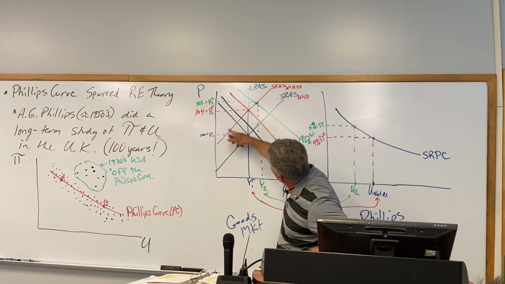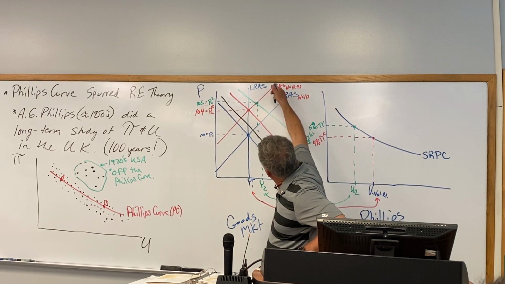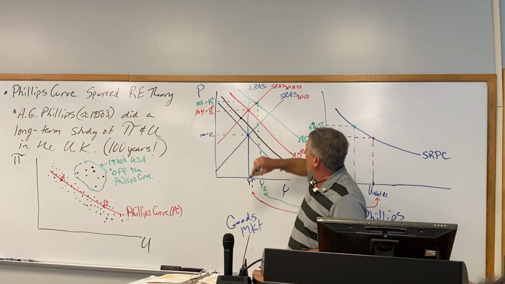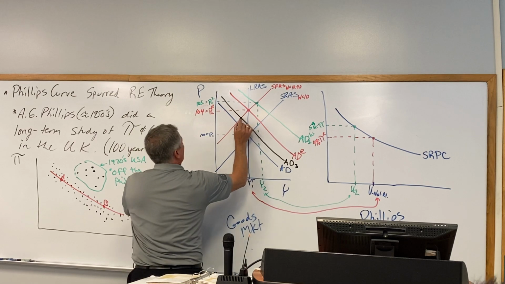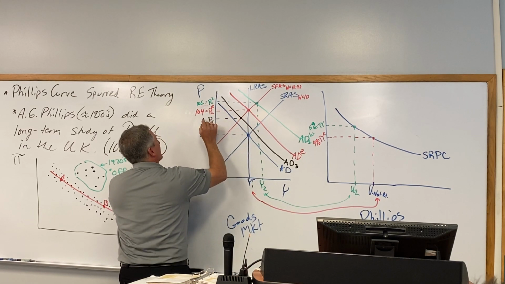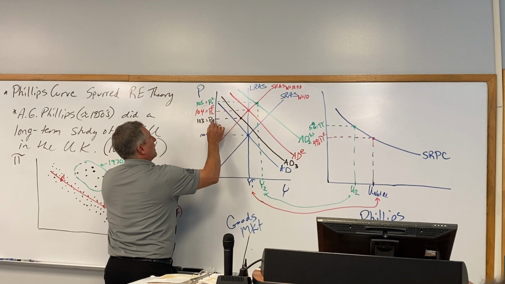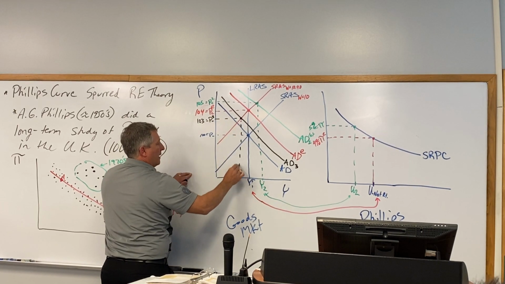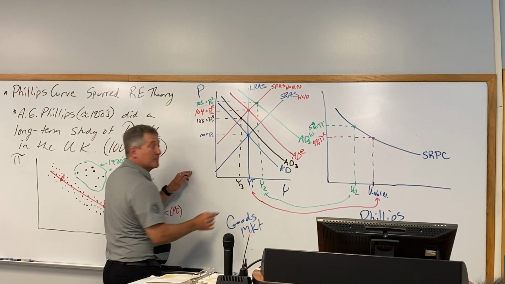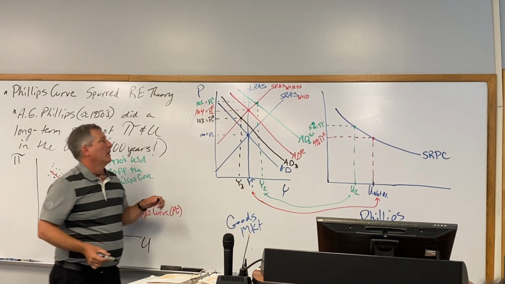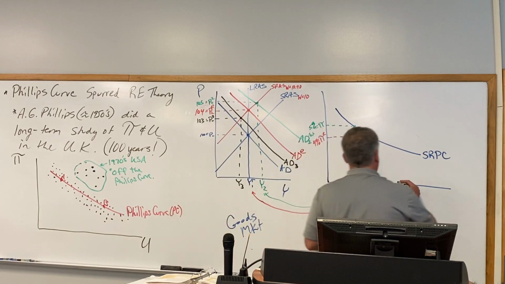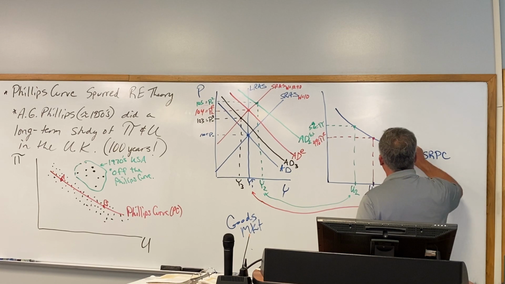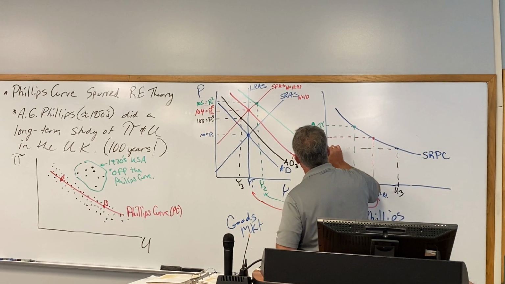So now the new black aggregate demand and red short-run aggregate supply curve is here, which means we had inflation of 3% at 83 and output that's below. From our Phillips curve here, that means we're sitting at unemployment that's higher than normal and inflation that was lower than expected.